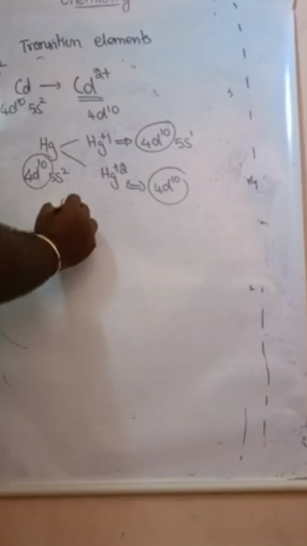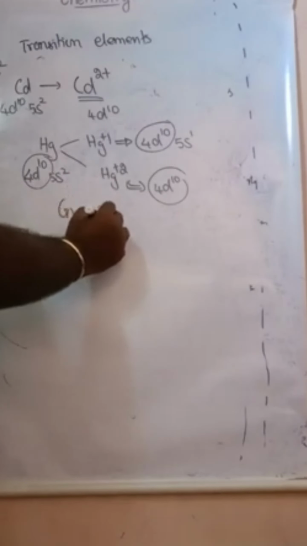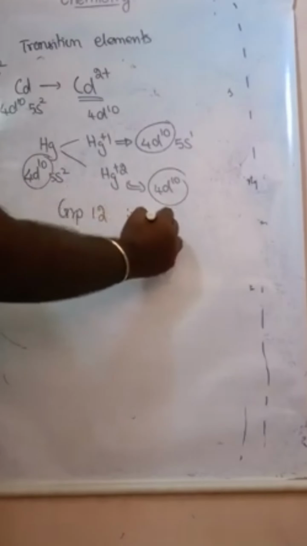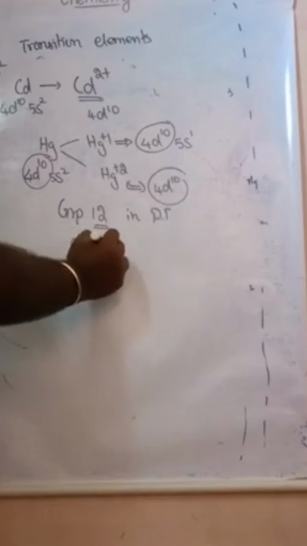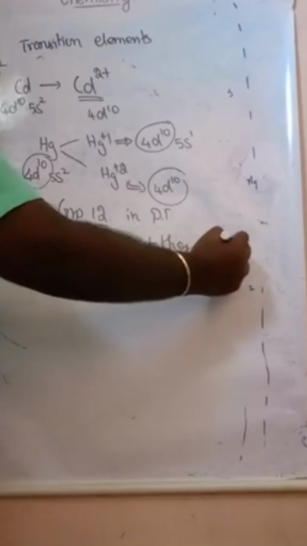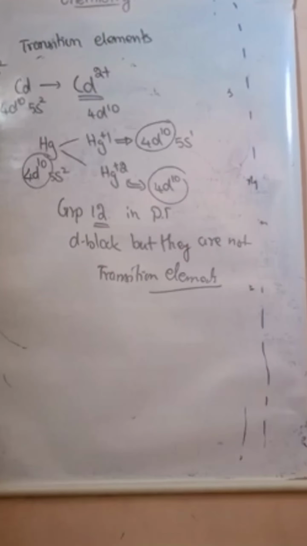So what does it indicate? Group 12 in the periodic table: the group 12 elements are d-block elements, but they are not transition elements. What is the conclusion? All transition elements are d-block elements, but not all d-block elements are transition elements.